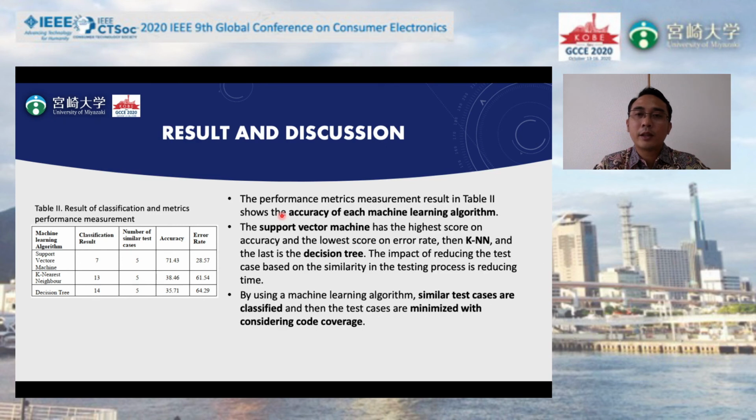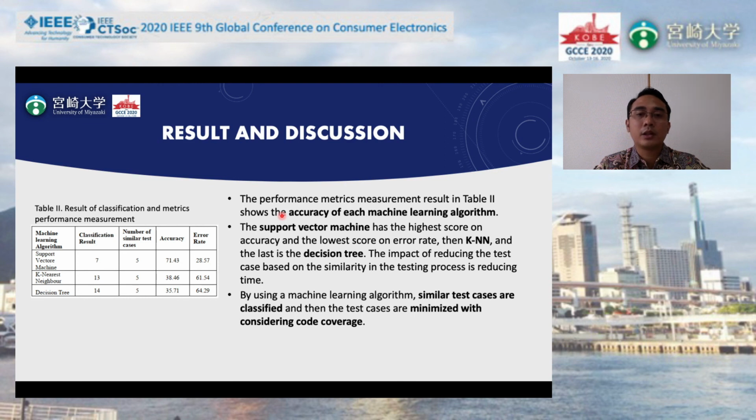The performance metric measurement result in table 2 shows the accuracy for each machine learning algorithm. Support vector machine has the highest score on accuracy and the lowest score on error rate, then KNN, and the last is decision tree. By using machine learning algorithms, similar test cases are classified, and then the test cases are minimized.